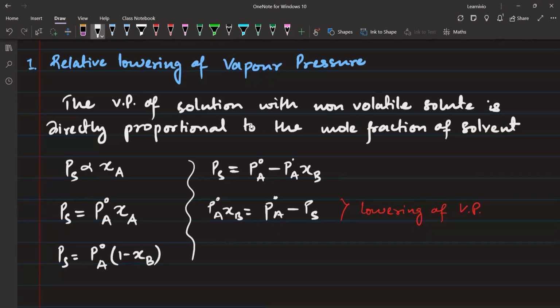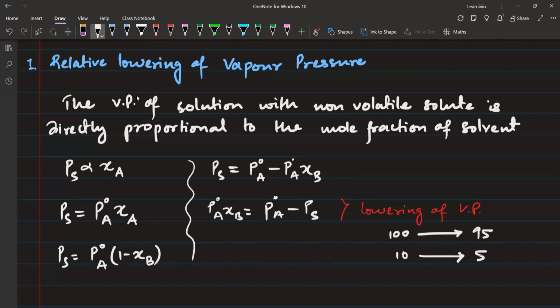Look, let's suppose initially we were at 100 and it decreased to 95. And in another case, initially it was 10 and it decreased to 5.